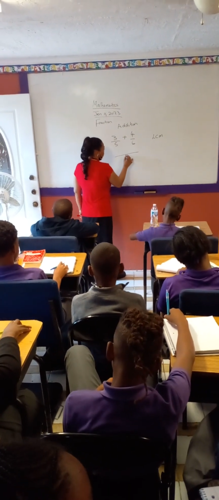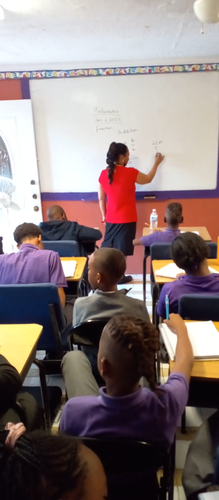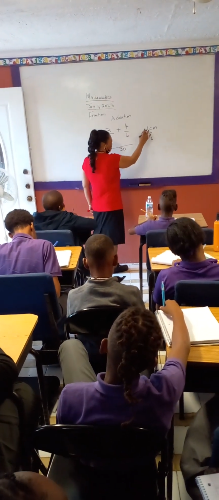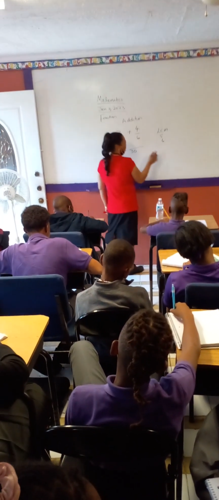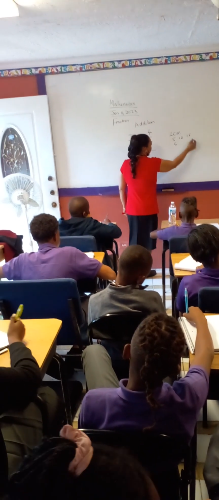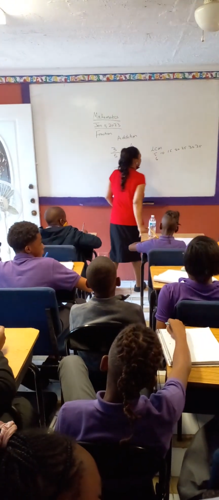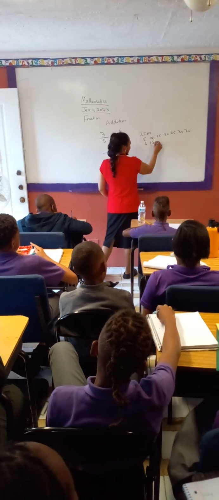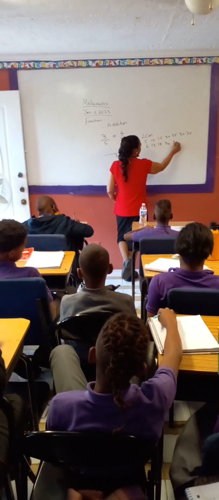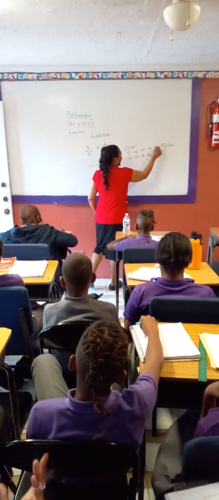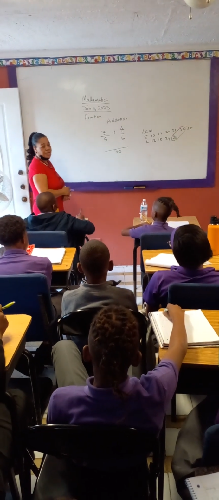All I'm going to do is my 5 times table and my 6 times table, and the lowest number that I'm going to get is 30. Because I could do 5, 10, 15, 20, 25, 30, 35, and I could go on. I go 6, 12, 18, 24, 30. So the smallest number that falls in both of these groups is 30. So the LCM is 30.